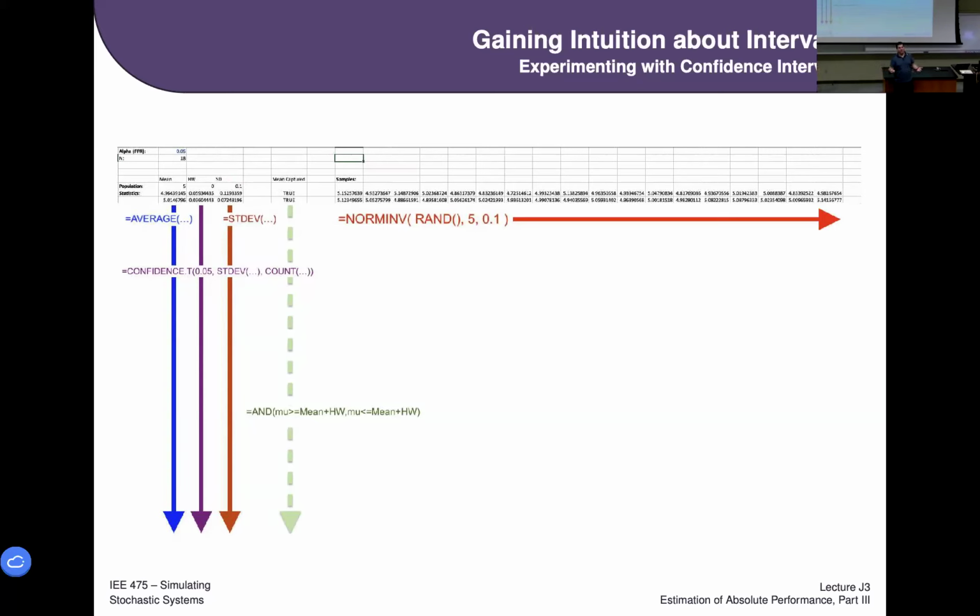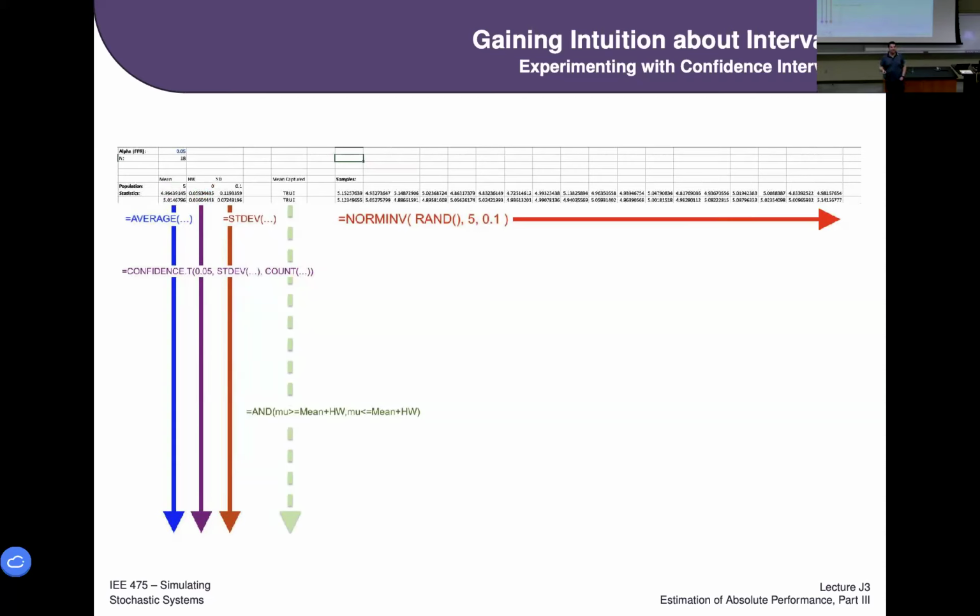That's the traditional half width, the traditional confidence interval. I pass in the alpha value I want, 5%, so that gives me a 95% confidence interval half width. I pass in the standard deviation and how much data I have, the number of replications, and it does the half width formula for me. So this mean plus or minus this half width gives me my confidence interval.